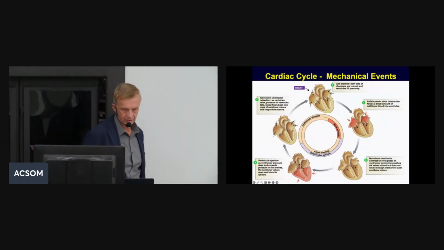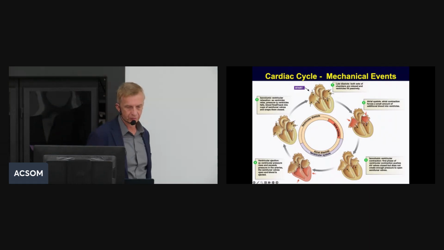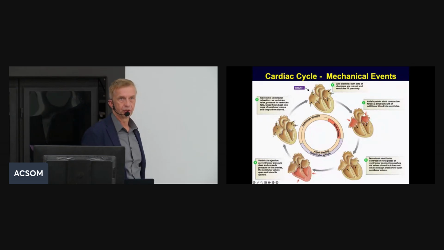Isovolumic contraction, and then ventricular ejection when the aortic and pulmonic valves are open, and the isovolumic relaxation phase is the last phase of the cardiac cycle. All valves are closed until the pressure in the atria increases and opens the interventricular valves, mitral and tricuspid valve.